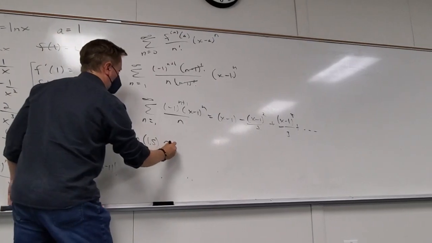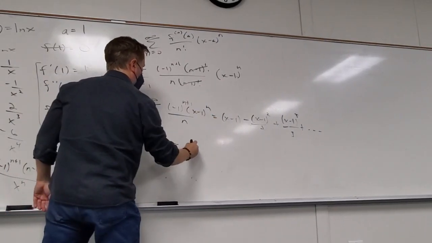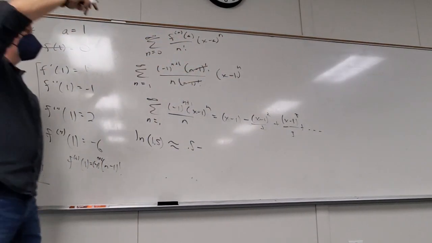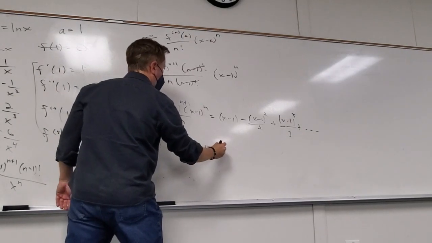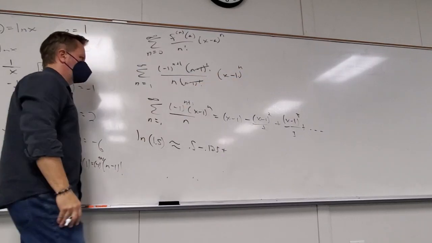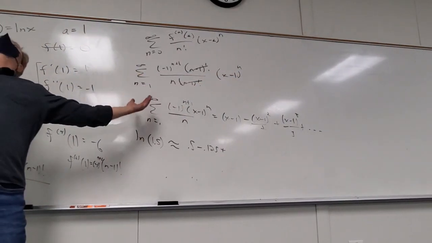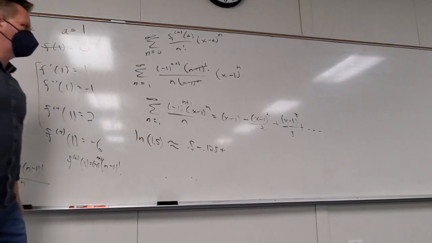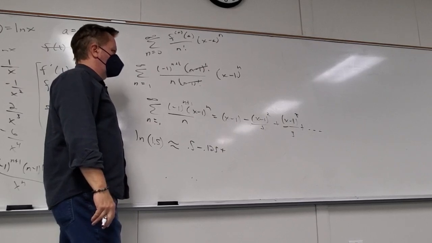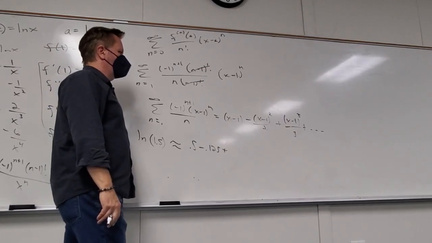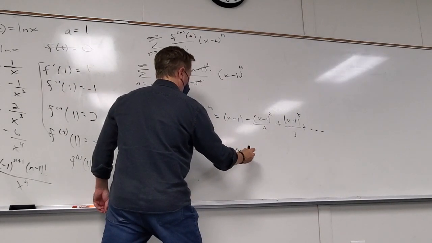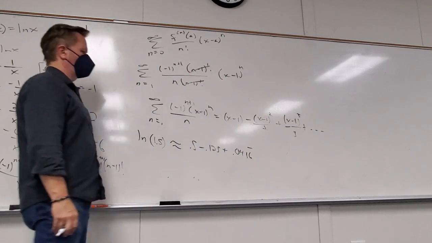So this is approximately 0.5 minus 0.5 squared, which is 1/4 over 2, is 1/8, which is 0.125, plus 0.5 cubed, which is 0.125, divided by 3, which is 0.04 and 16 forever.